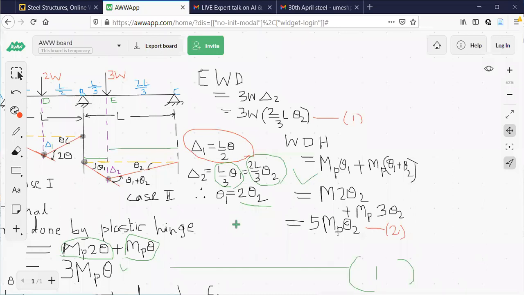In any case, this is smaller actually. The span BC gives a smaller value of collapse load, and that should be taken as a collapse load for this problem. Smaller one should be selected.